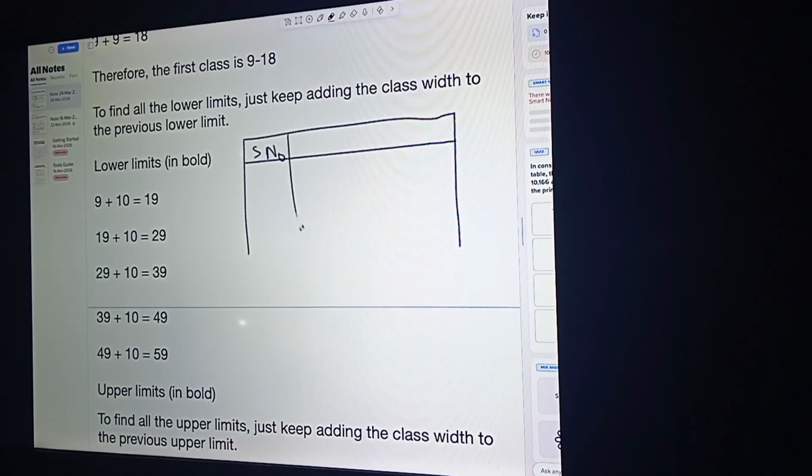Serial number means that we have decided these 6 classes, 1, 2, 3, 4, 5, 6, and this column is our classes or class intervals.